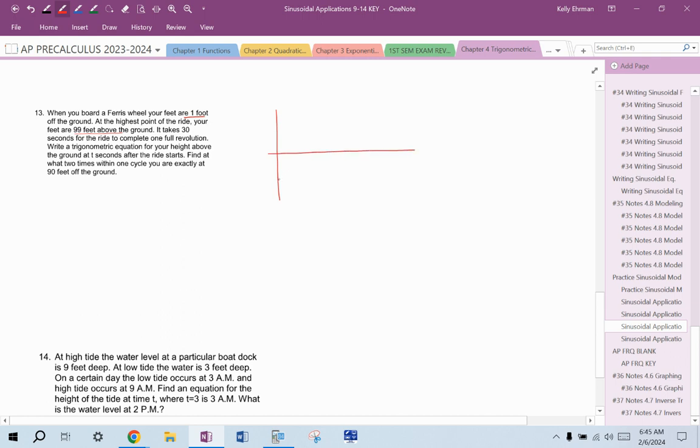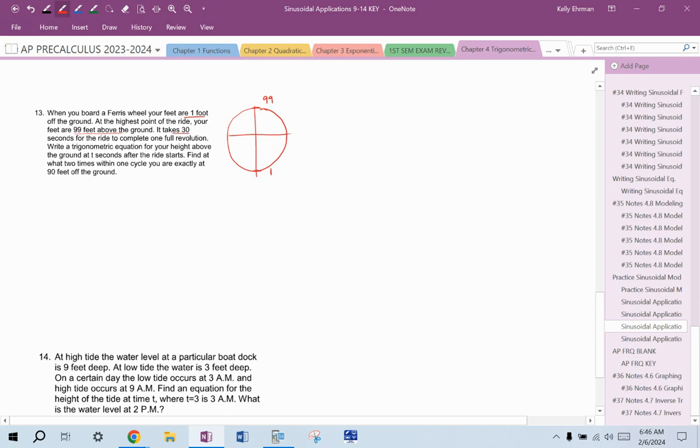When you board, you're at 1 foot above the ground. Let me draw my Ferris wheel first so I can connect it to the midline and stuff. So you're 1 foot above the ground here. At the top, you're 99 feet above the ground.